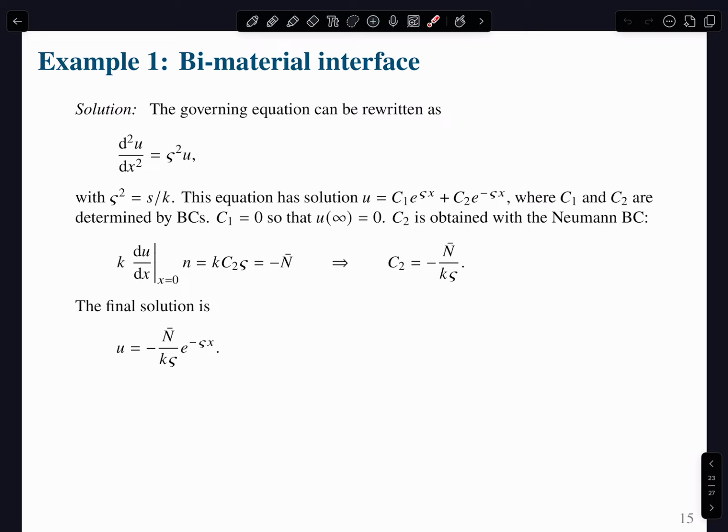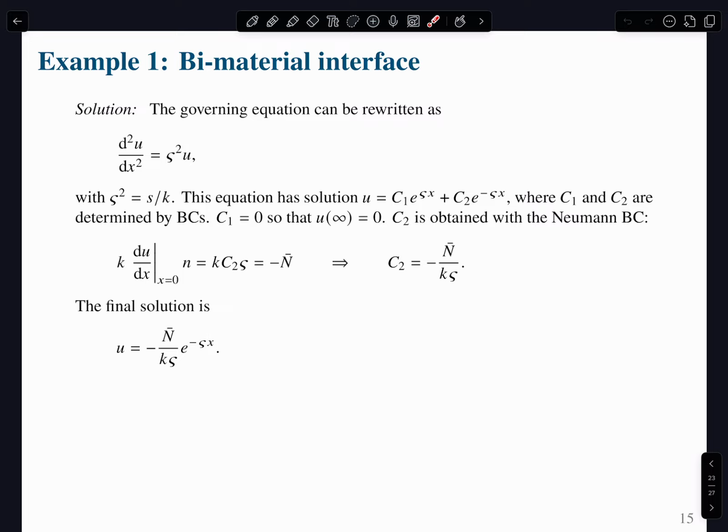Therefore, to satisfy that first boundary condition of the Dirichlet type, C1 has to be equal to 0. So once we have C1 and C2, we can plug those back into the equation, and then we obtain the exact solution to the problem.